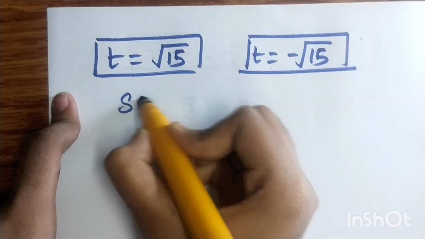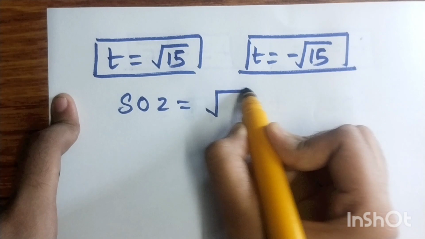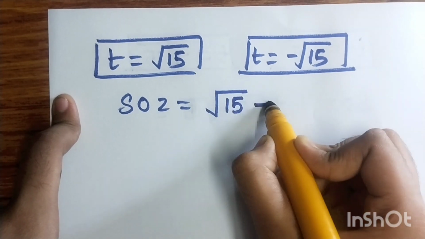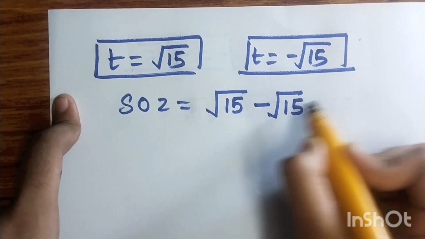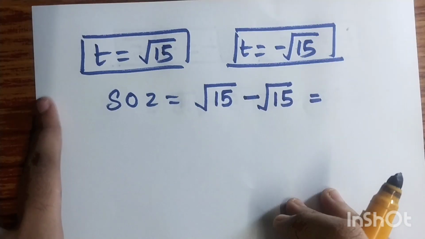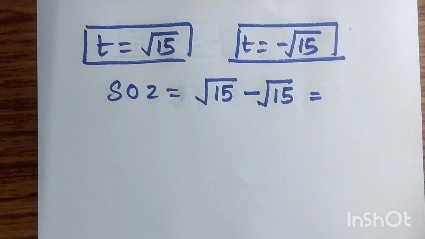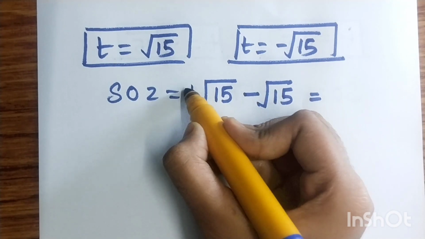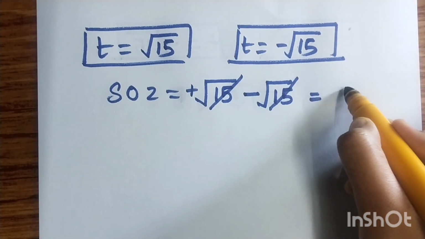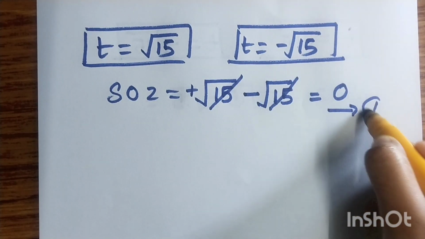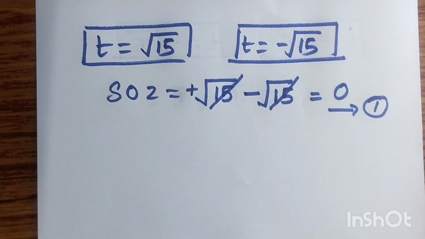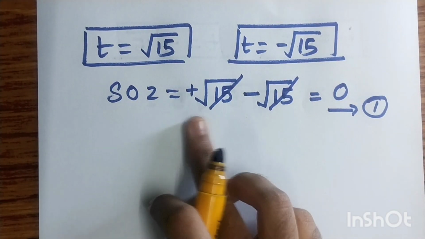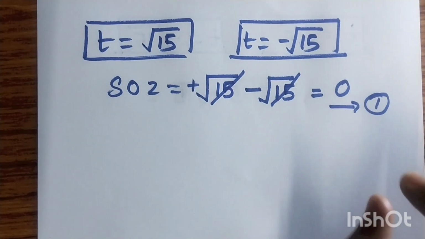So the sum of these zeros is plus root 15 minus root 15. Just simply assume like 2 minus 2 is 0. Same, plus root 15 minus root 15 will get cancelled, so you will get 0. Just don't overthink this root, plus and minus will get cancelled and we will be getting 0.